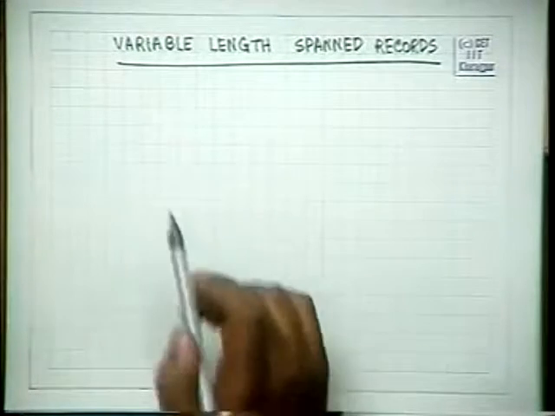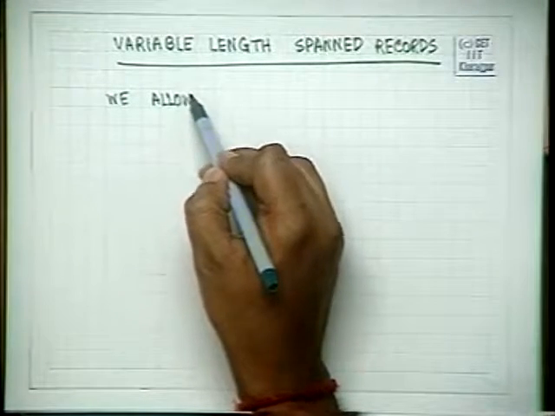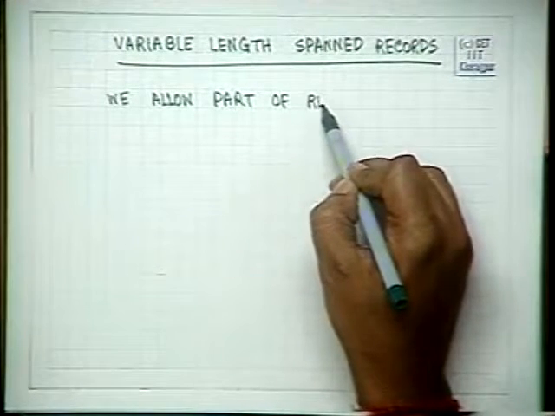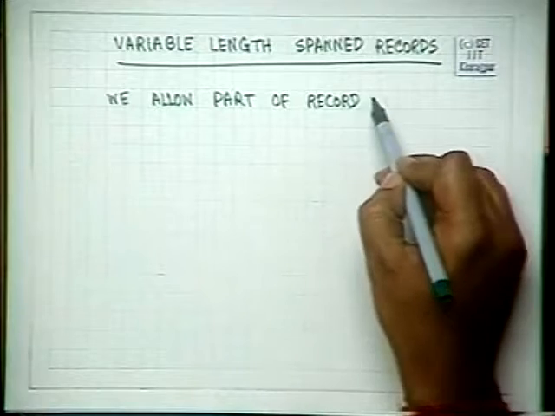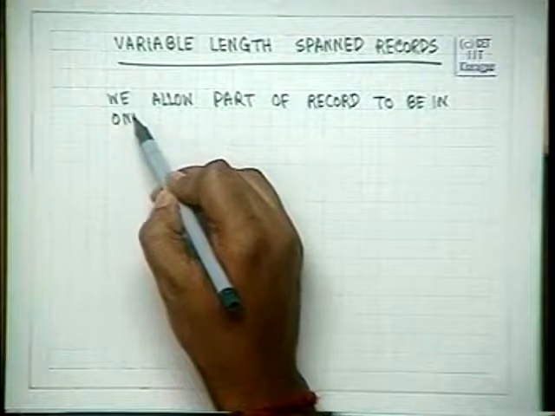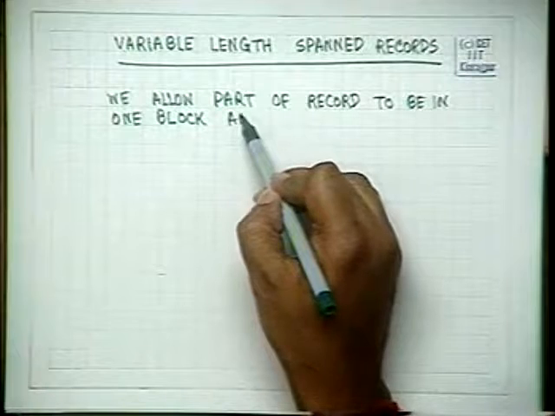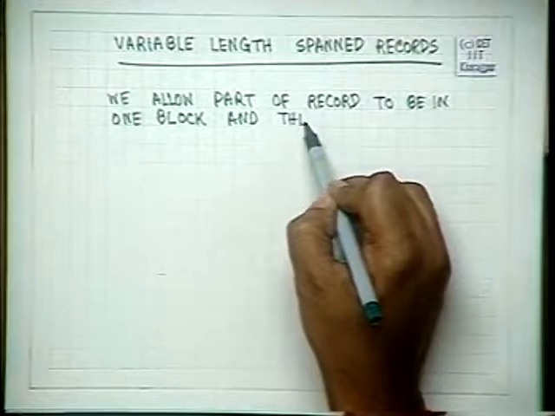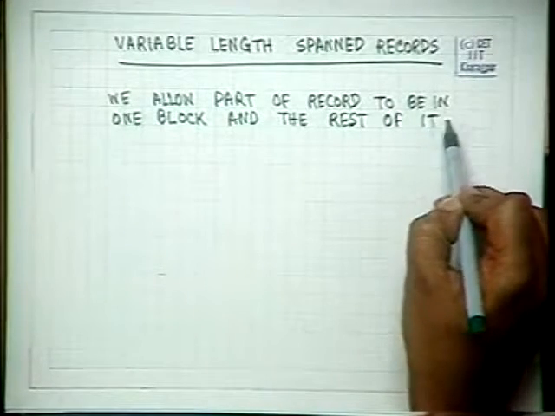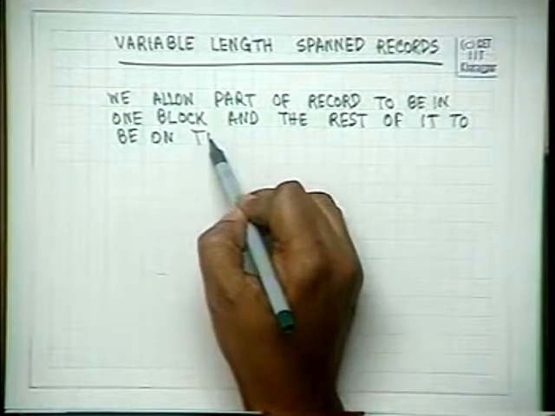In variable length spanned records, we allow part of a record to be in one block and the rest of it to be on the next block.